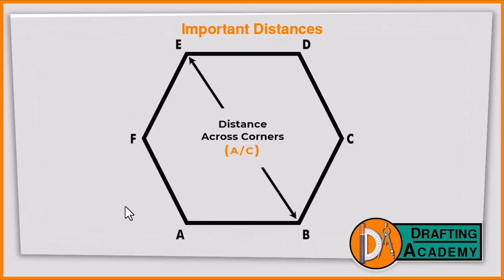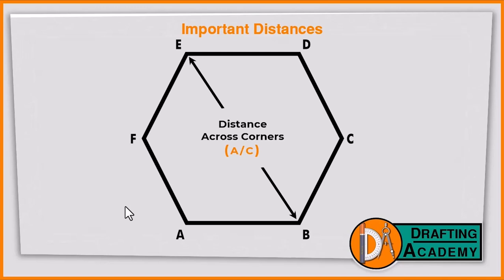Next, we need to know the distance across corners. A corner here is just referring to a particular point on a polygon where two sides have a common point, for example A, B, C, D, E, and F, or simply a vertex of a polygon.